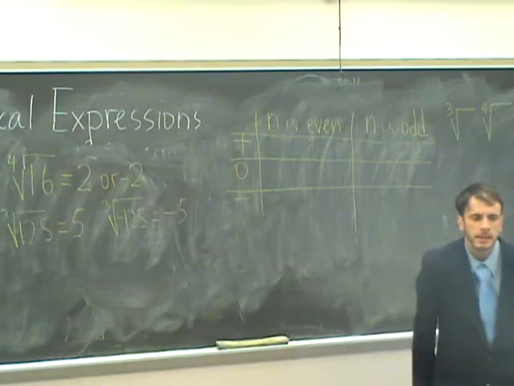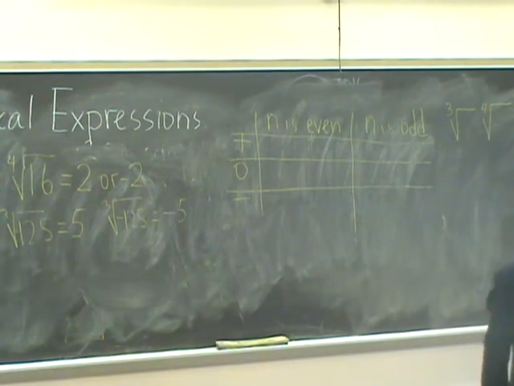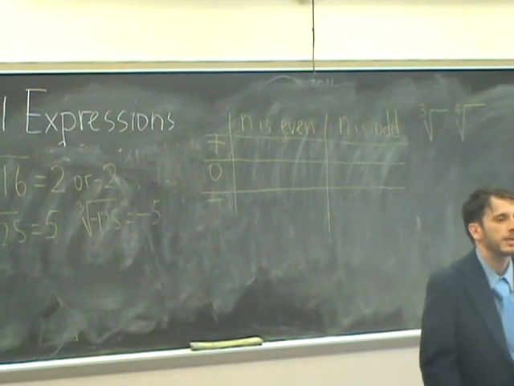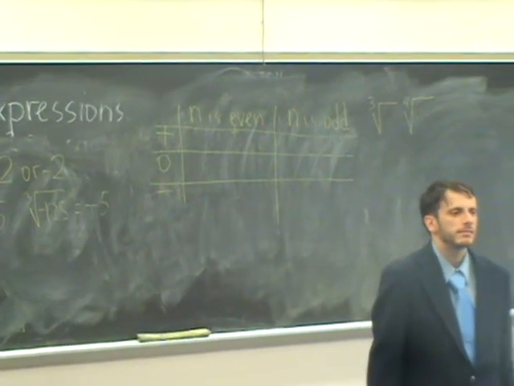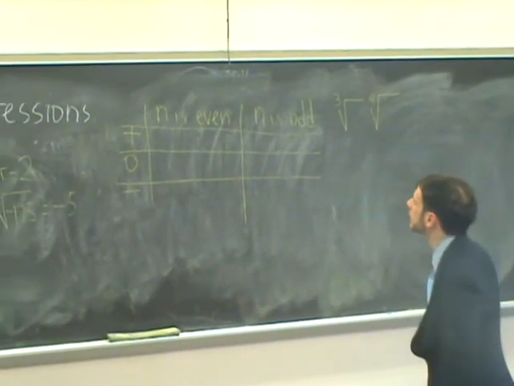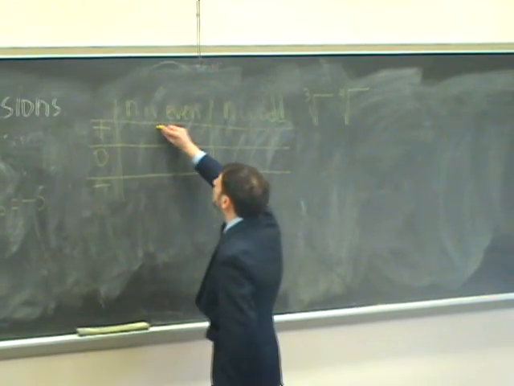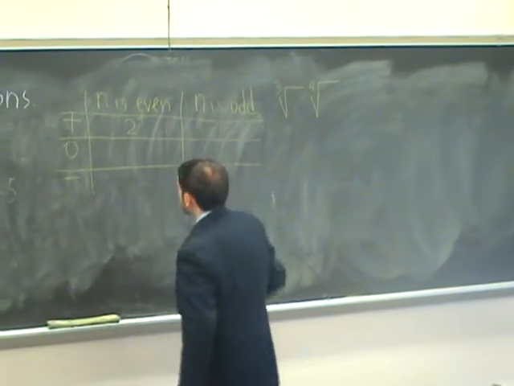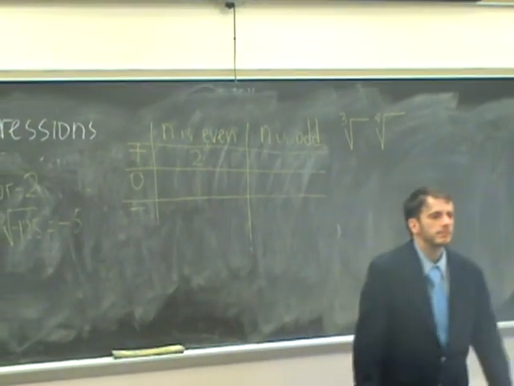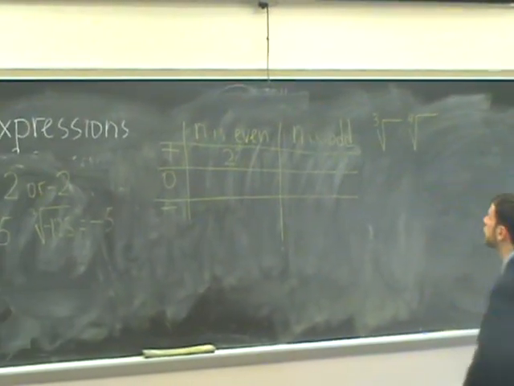If you have a positive number, and you're trying to take the even degree root of that number, how many answers are you going to have? 2, positive and negative. If you take the odd degree root, it's going to be just 1.